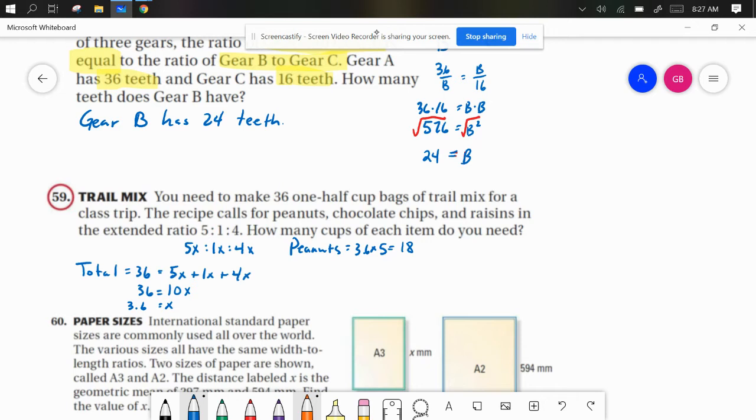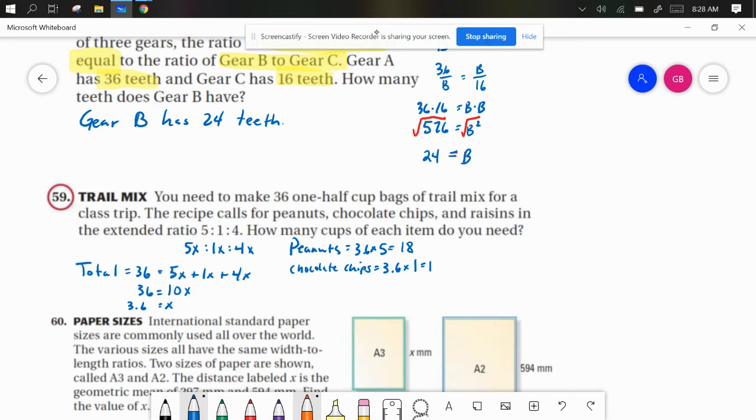For chocolate chips, 3.6 times 4 is 14.4. Oh, I'm sorry. I got those mixed up. Chocolate chips is 3.6 times 1.